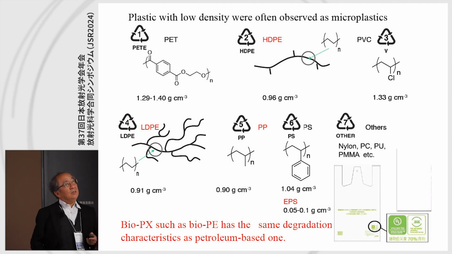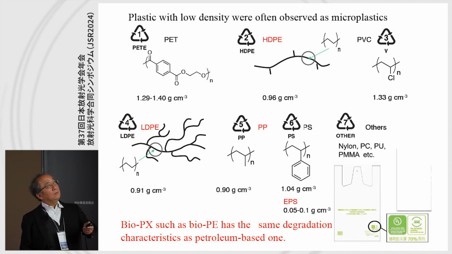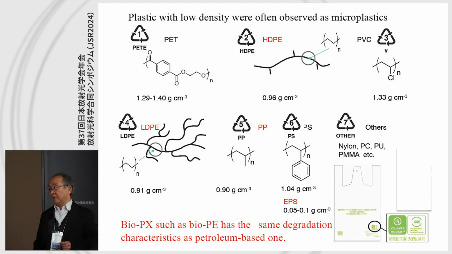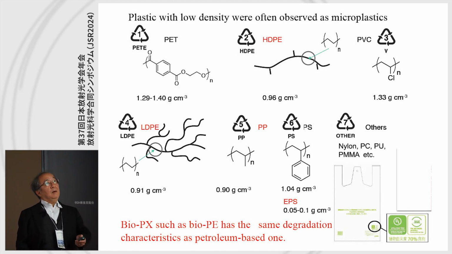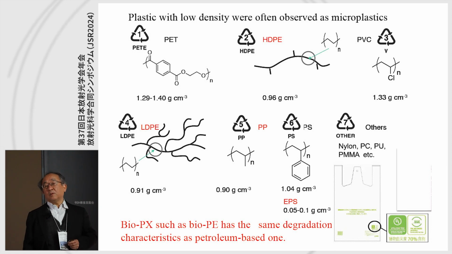So we use many plastics in our daily life, and recycle numbers 1 to 6 are almost 80% of plastics. And PE, polyethylene, polypropylene, and high-density polyethylene are almost 50% of our plastics.